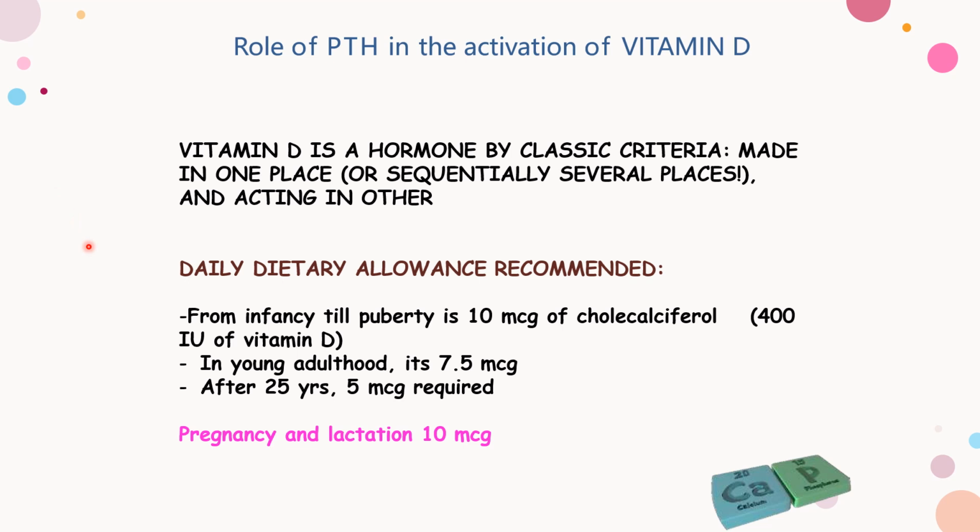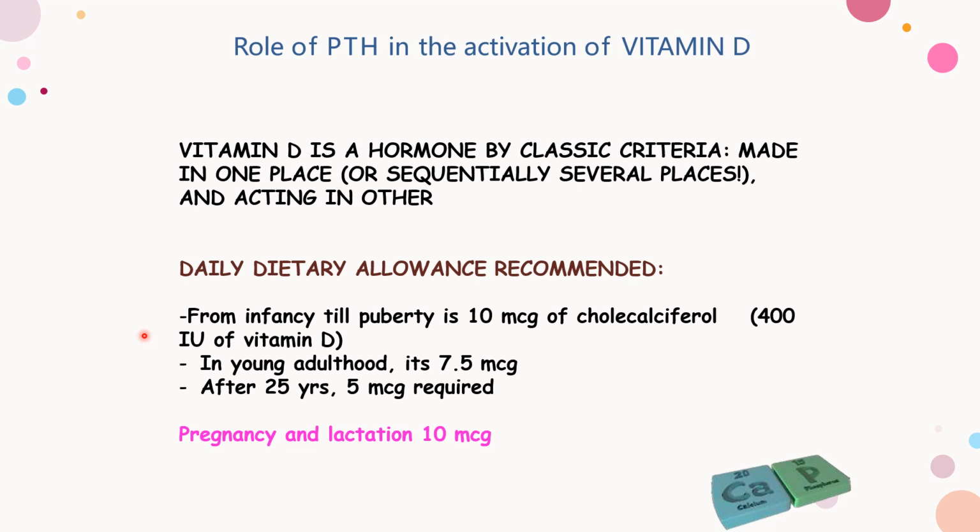The recommended dietary allowance of vitamin D from infancy till puberty is 10 microgram of cholecalciferol or 400 international units of vitamin D, and in young adulthood it is 7.5 microgram, and after 25 years 5 microgram is required. In pregnancy and lactation 10 microgram is required. The sources of vitamin D in human beings are the skin and also the diet.